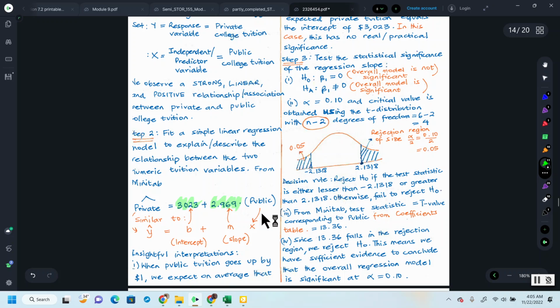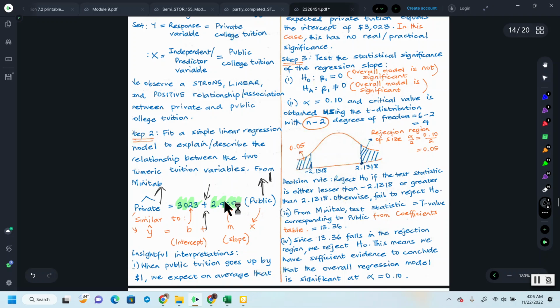How do we interpret it? We say that when public tuition, the x variable, goes up by 1 unit, so that will be $1, we expect on average that private college tuition, being the response variable, will respond by also increasing. Why is it going to increase? That is because the slope is a positive number. So as public college tuition increases, we expect private college tuition to also increase on average.